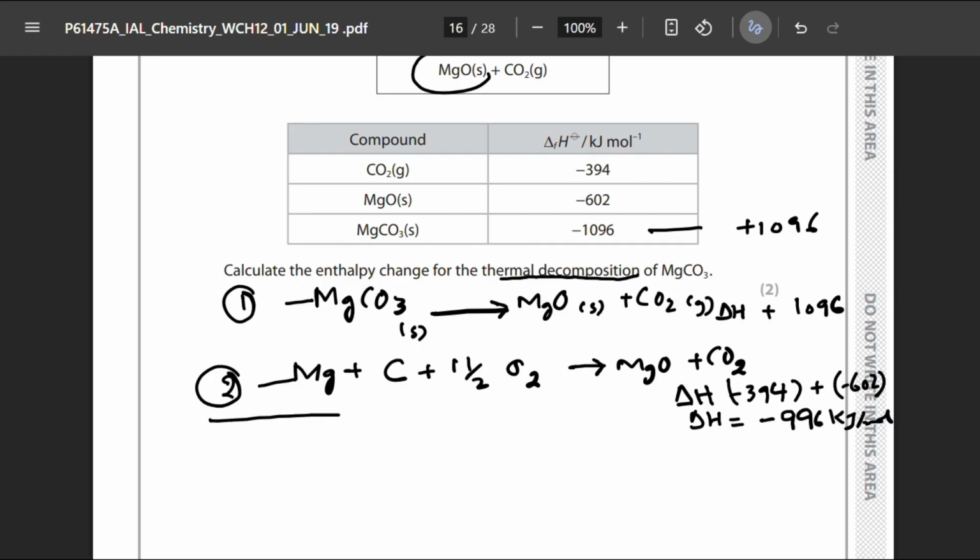Now, to find the enthalpy change for the thermal decomposition of magnesium carbonate, you will add these two equations, along with their enthalpy changes.